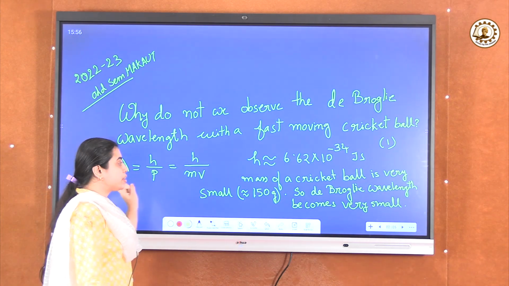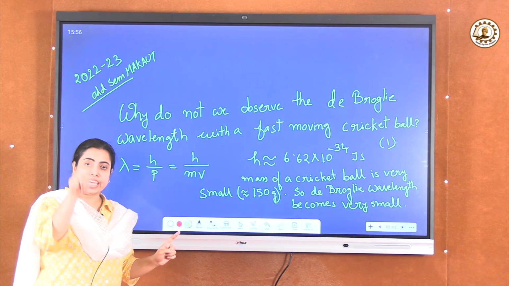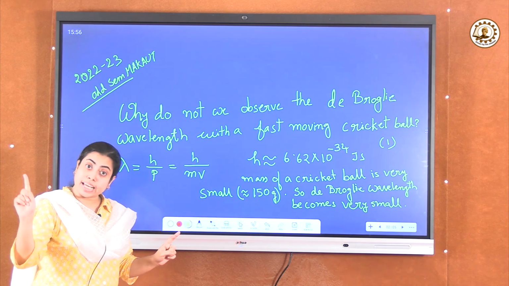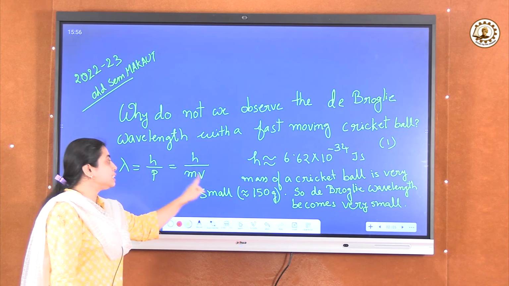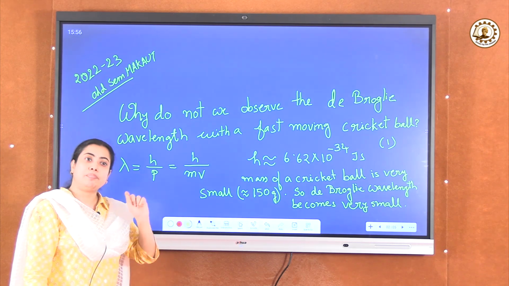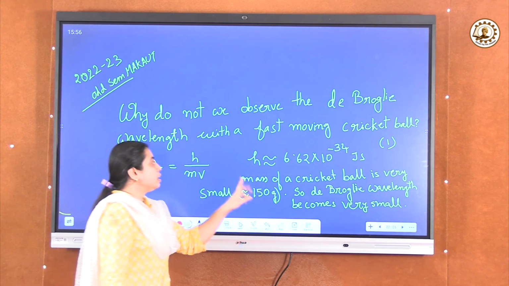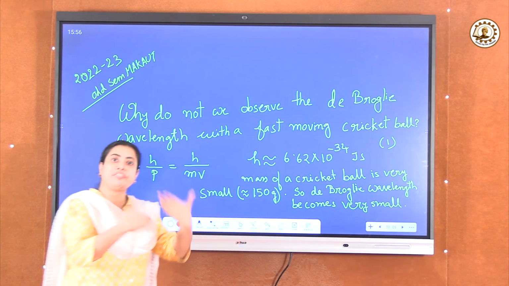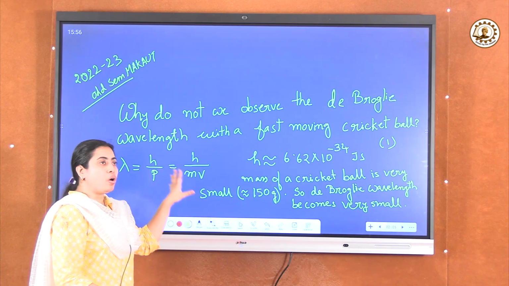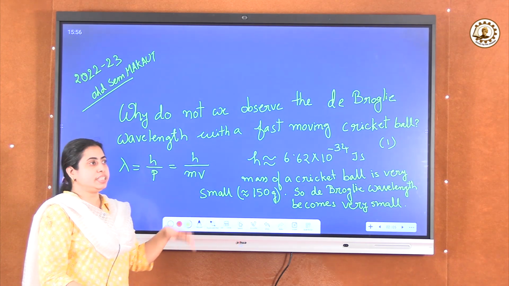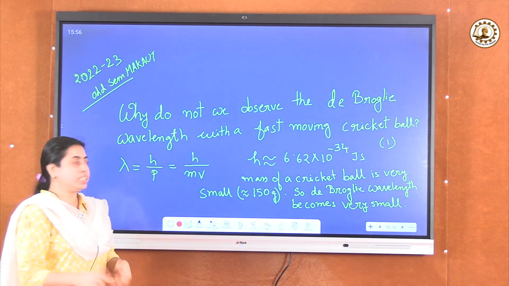Remember, previously I gave one formula in which I wrote square root of V, capital V, that is voltage or potential difference. And here the small v is the velocity of the particle which is moving. So here we have considered a cricket ball which is moving very fast, but whose mass is 150 grams, so 150 into 10 to the power minus 3 kg.